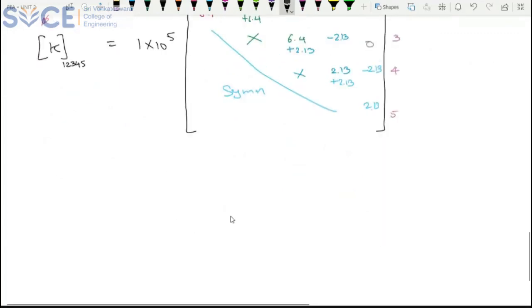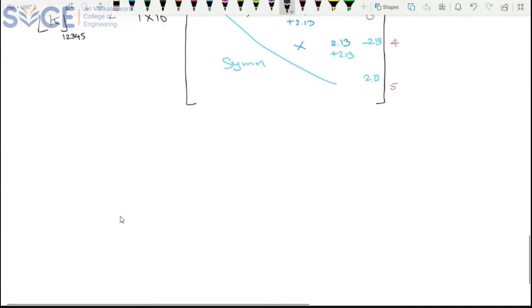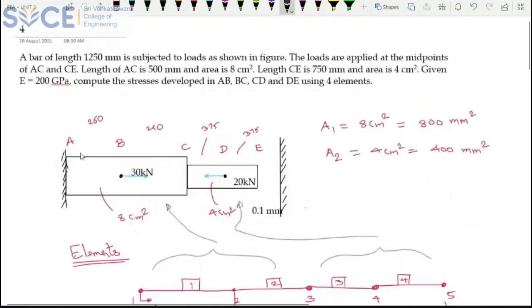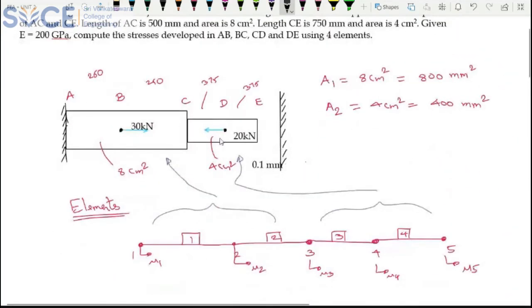Now what I can do is write it as F is equal to K into U. I'm going to directly write the F value because F acts only at the nodal points. So it is at nodal point 2. This is at nodal point 2. And this point, it is in the opposite direction, right? So what is the nodal point? 1, 2, 3, 4.